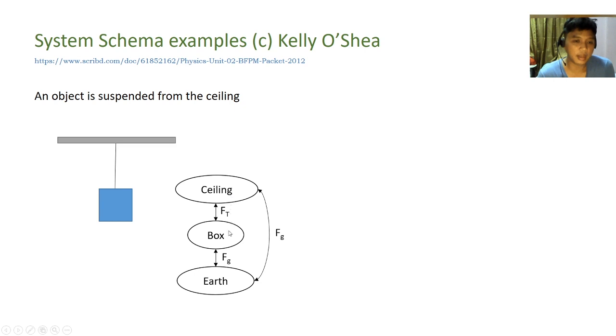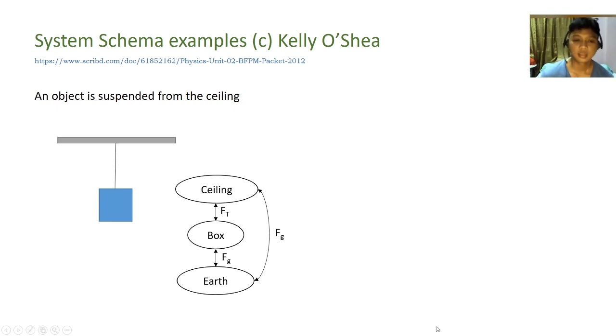The ceiling and the box are connected by a rope which produces the tension force, because whenever there is a rope that is taut, T-A-U-T, then it is providing force somewhere, and that force is called tension force. Of course, all of these objects are under the influence of Earth's gravitational force. Therefore, we create these double arrows, all pointing to the objects.